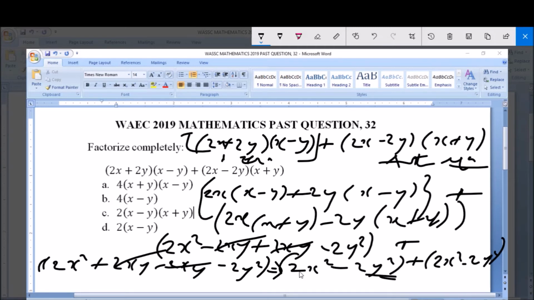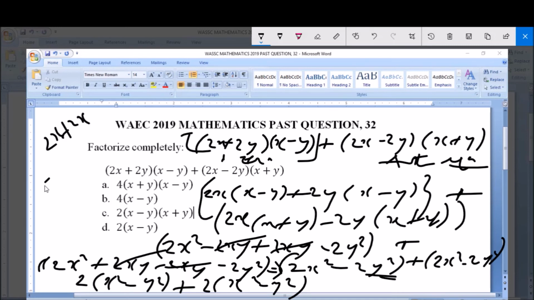Now what is common between 2x squared and 2y squared? 2. So we factorize: 2 into x squared minus y squared plus 2 into x squared minus y squared. Now x squared minus y squared is one expression, it's like saying 2x plus 2x, which will give you 4x.